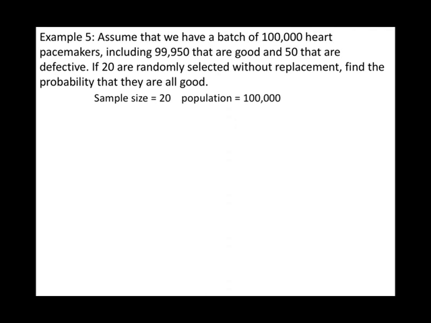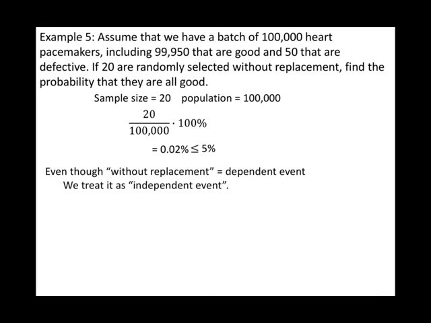The sample size is really small compared to the population, so we check if the sample size is less than 5%. 20 divided by 100,000 times 100% is 0.02%, which is less than or equal to 5%. So even though they say without replacement, this is the dependent event, we still treat it as independent.